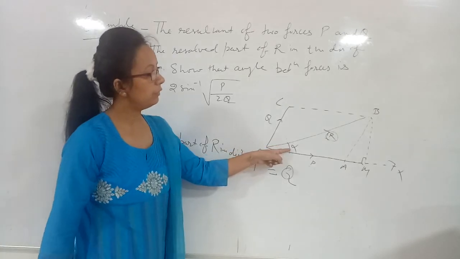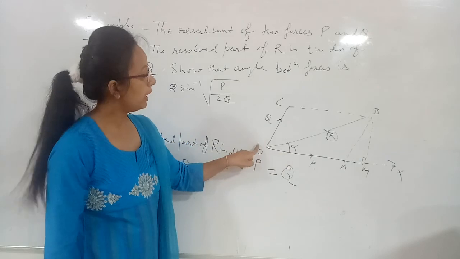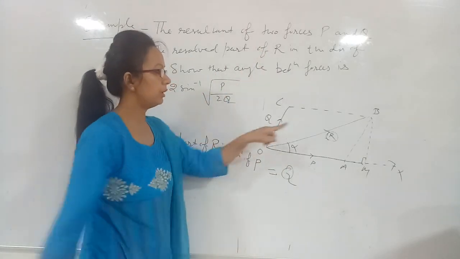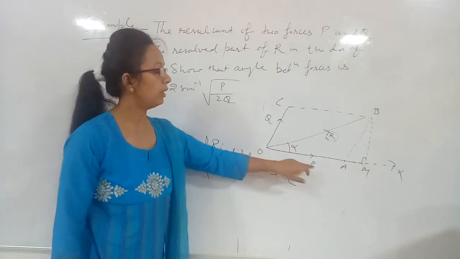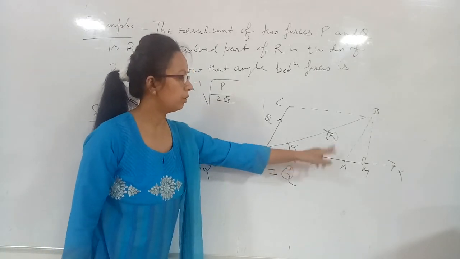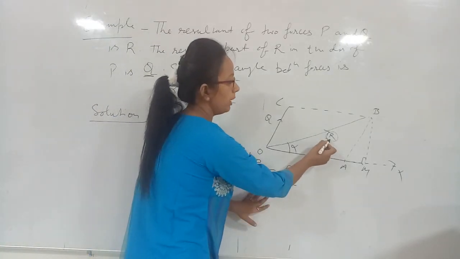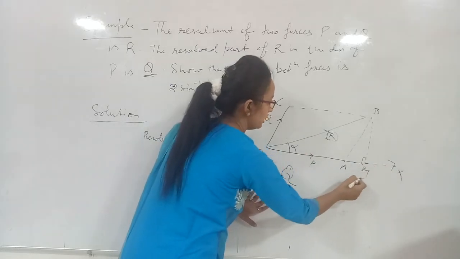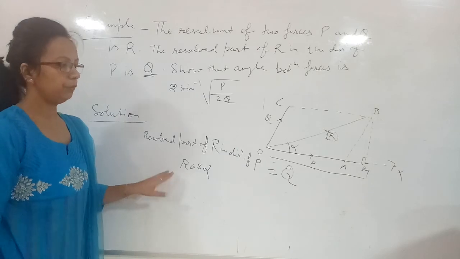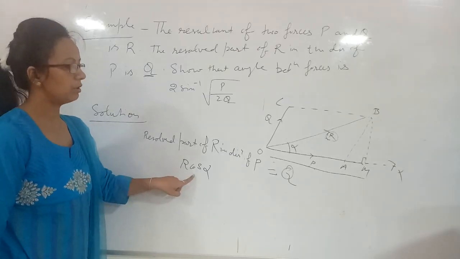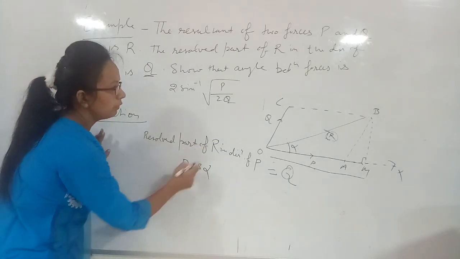Because here is alpha, the resolved part of R along the x-axis will be R cos alpha, and along the y-axis it will be R sin alpha. But here we require only R cos alpha. You can also say that the resolved part of R along the x-axis is OM. You can directly write that, but the first time I am converting this R cos alpha into OM, and next time we can directly write. So what is R from the figure? OB.